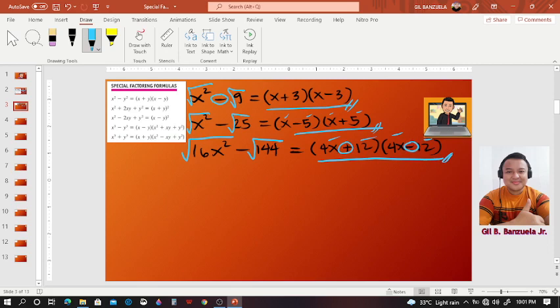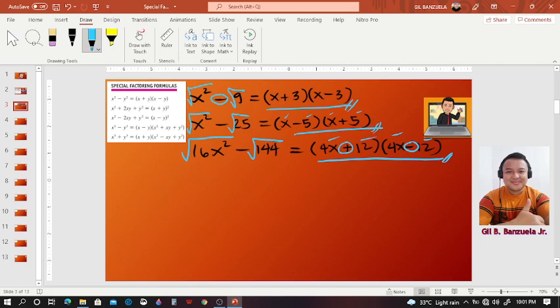So if you write plus on the first binomial, you write minus on the second one. Or if you wish to write minus sign on the first binomial, you should write plus sign on the second binomial. And that's how difference of two squares goes. Alright?